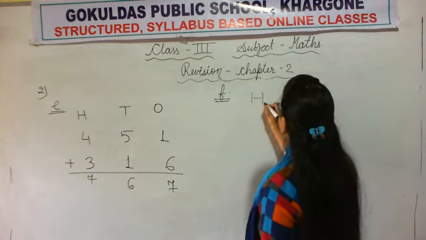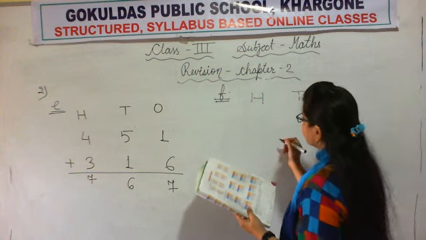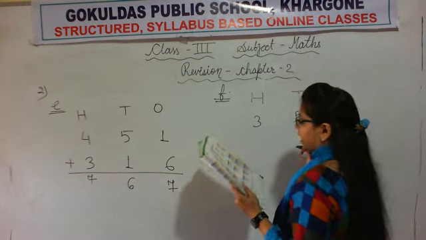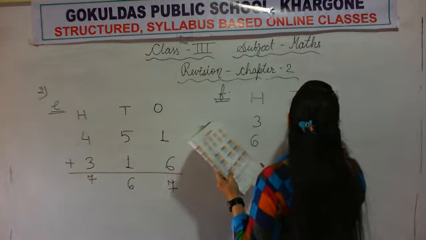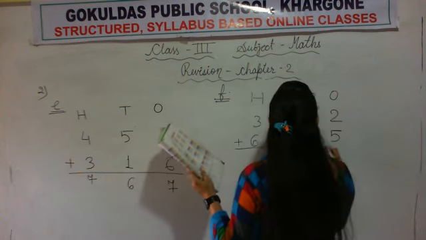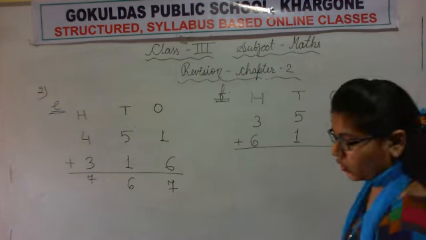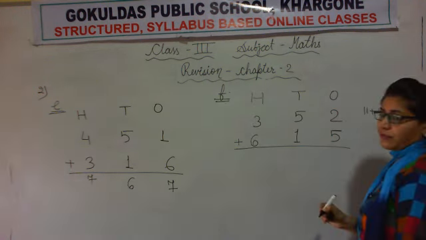Again, writing of 100 tens and ones. First addend is 352. Second addend is 615. Now 2 plus 5. So we will draw 2 sticks and we will draw 5 sticks.